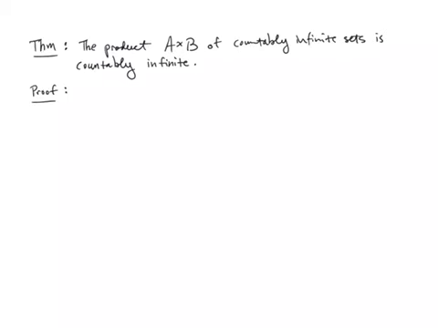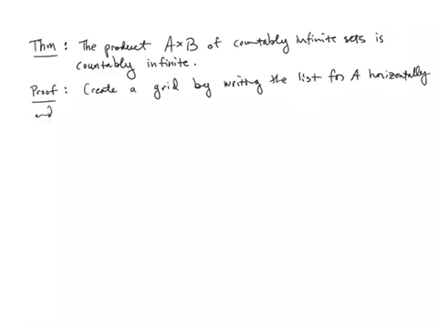So what you do is create a grid by writing the list for A horizontally and the list for B vertically.